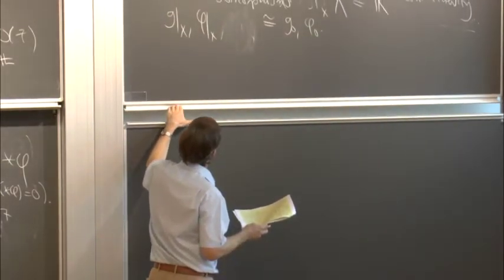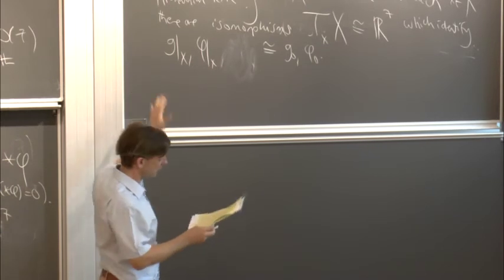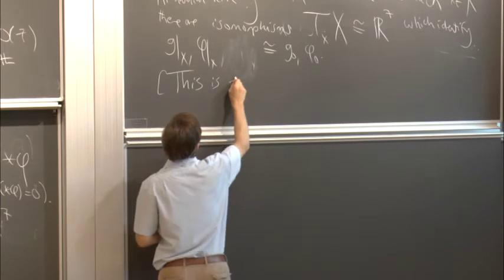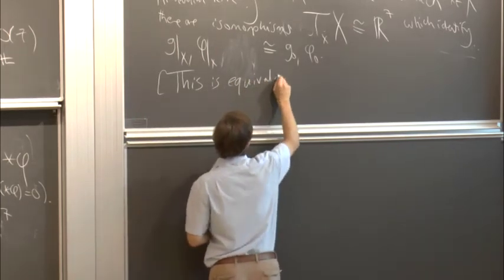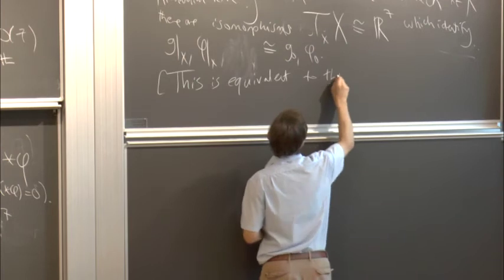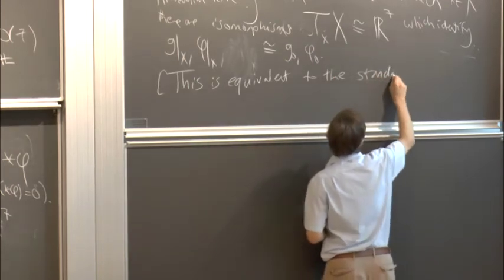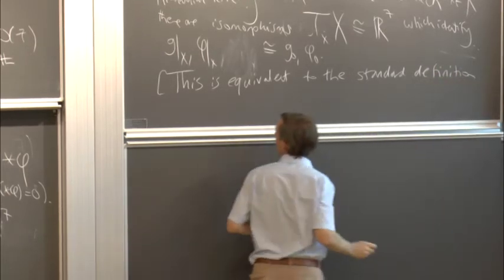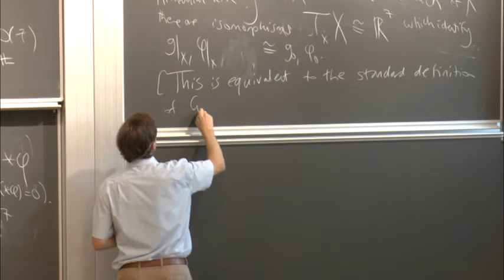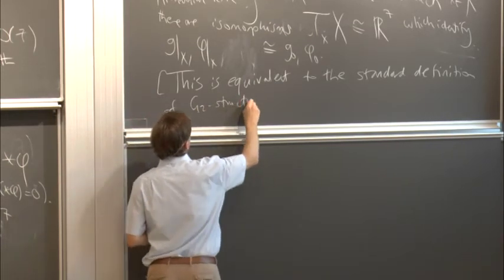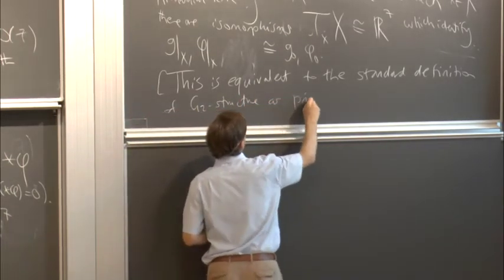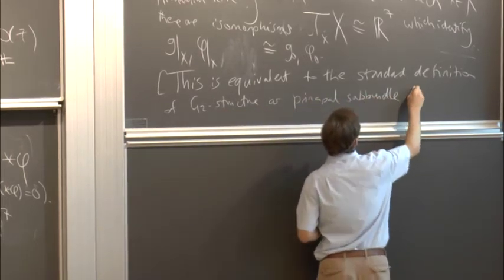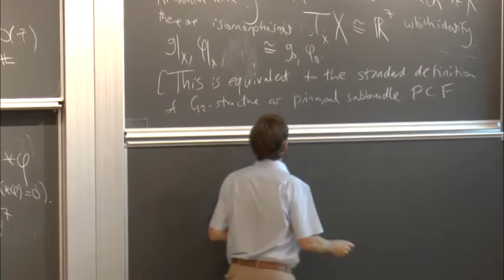Okay, so this is an abusive notation because we already have a definition of G2 structure, but this is equivalent to the standard definition of G2 structure as a principal subbundle P in F, the frame bundle.